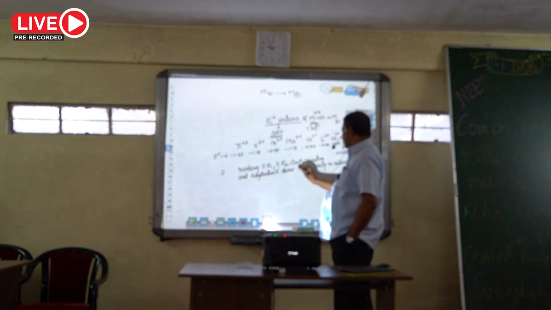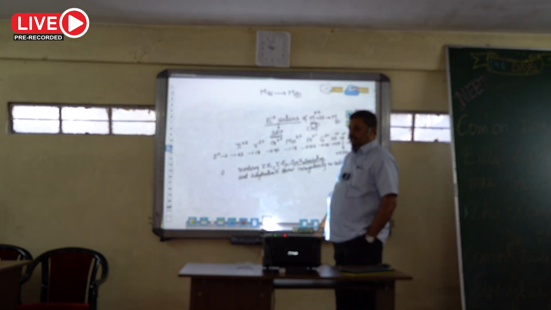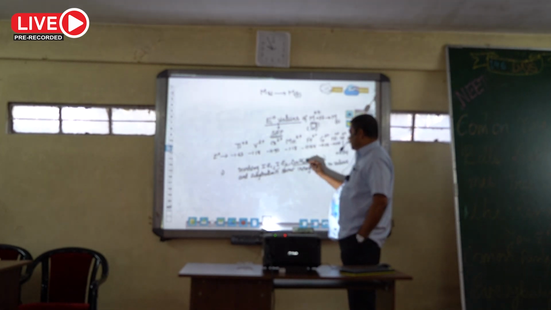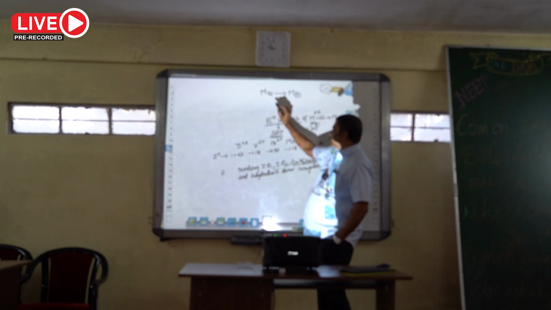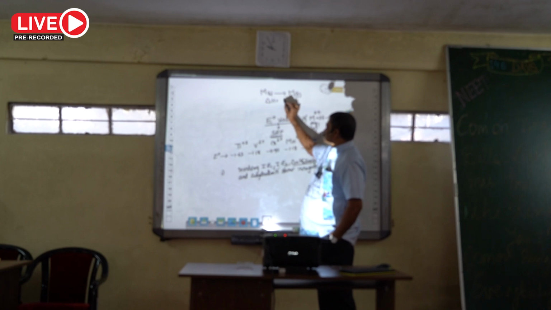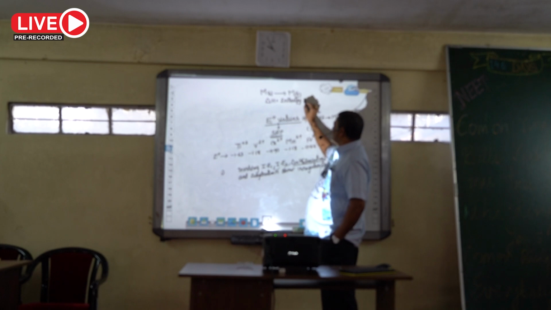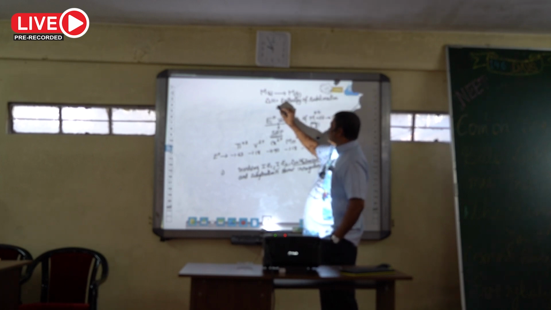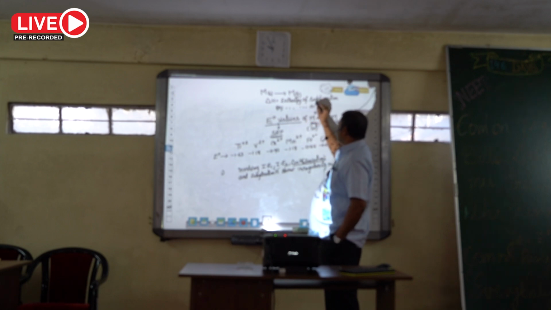That is what I indicated as delta A H. A means atomization. So here delta H is the enthalpy of sublimation, or it is also called enthalpy of atomization.